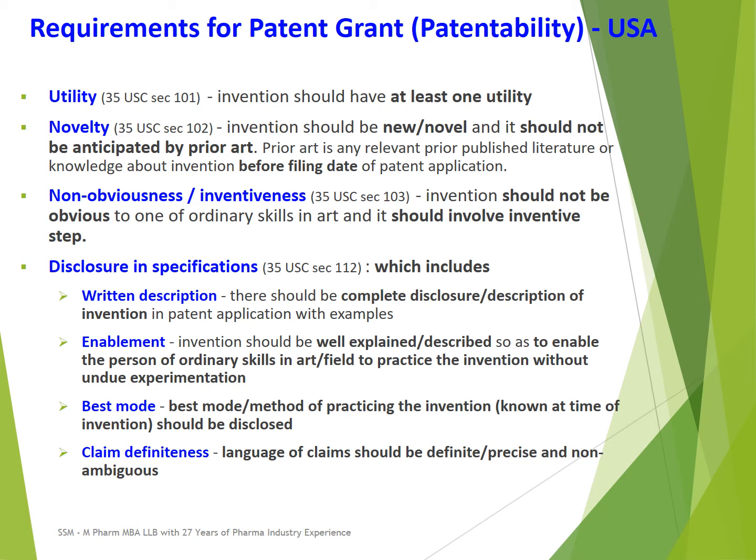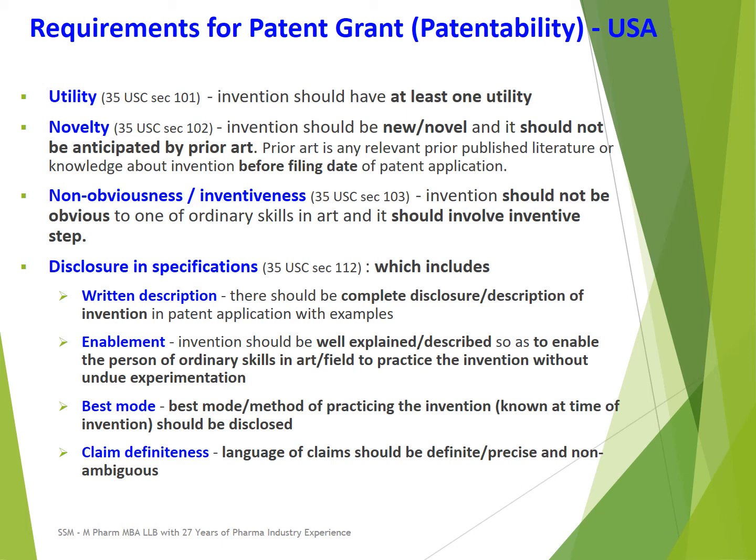Next is enablement. The invention should be well explained so as to enable person of ordinary skill to practice the invention without undue experimentation. Your invention should be explained in such a way with example that one ordinary person can practice that invention without any undue experimentation.